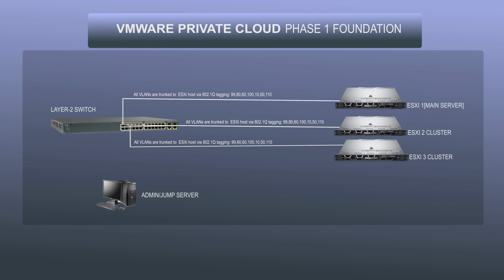This is what allows the 3 hosts to later form a cluster and act like one big system. So in simple words, each ESXi gets its own trunk port. All VLANs flow through those trunks. And together this creates the backbone of the private cloud.